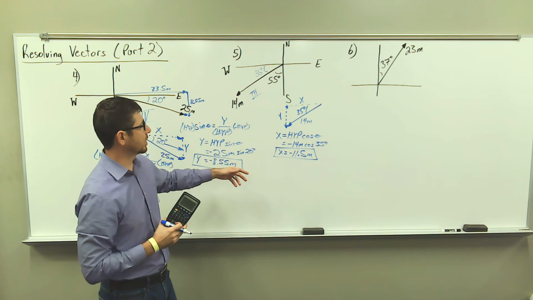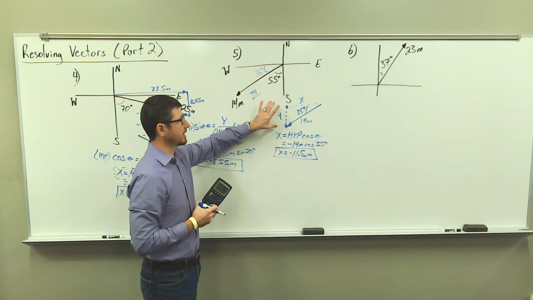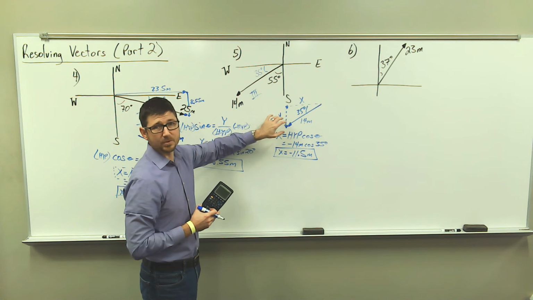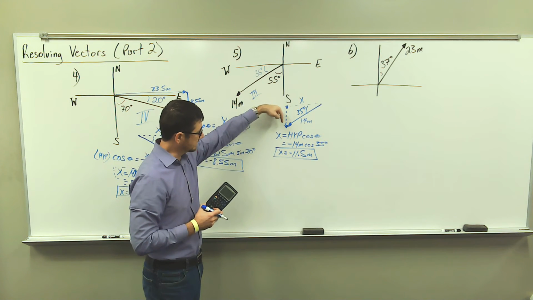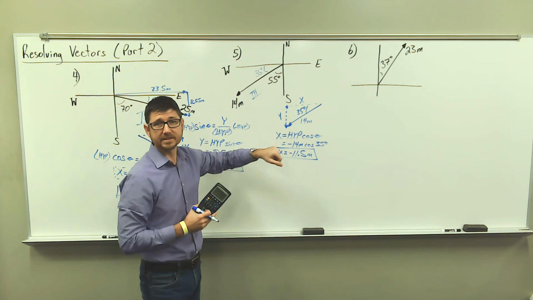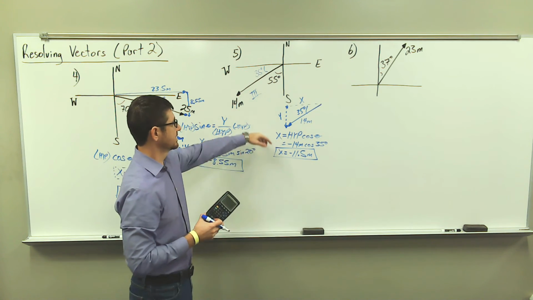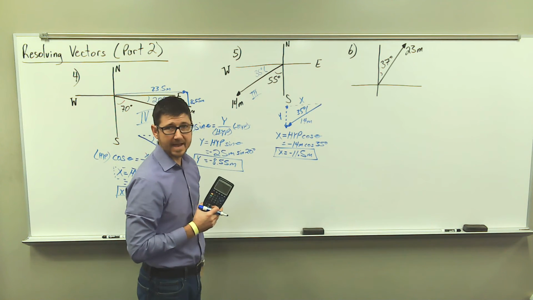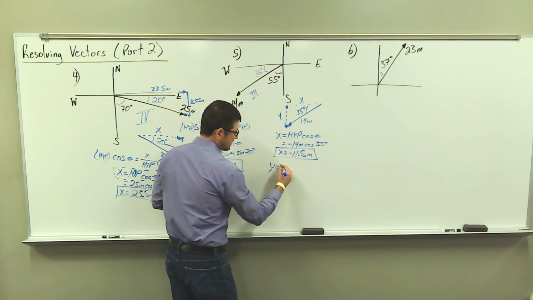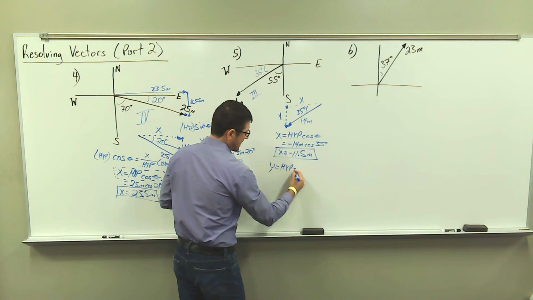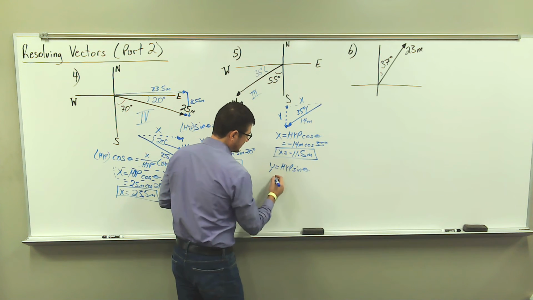Now our y component. Let's look at the triangle that we've drawn. We know that the y component will be negative because we're in quadrant 3, and you see that the arrowhead is pointing in the negative y direction. So we're going to have a negative y value. Y equals hypotenuse times sine of the angle theta.